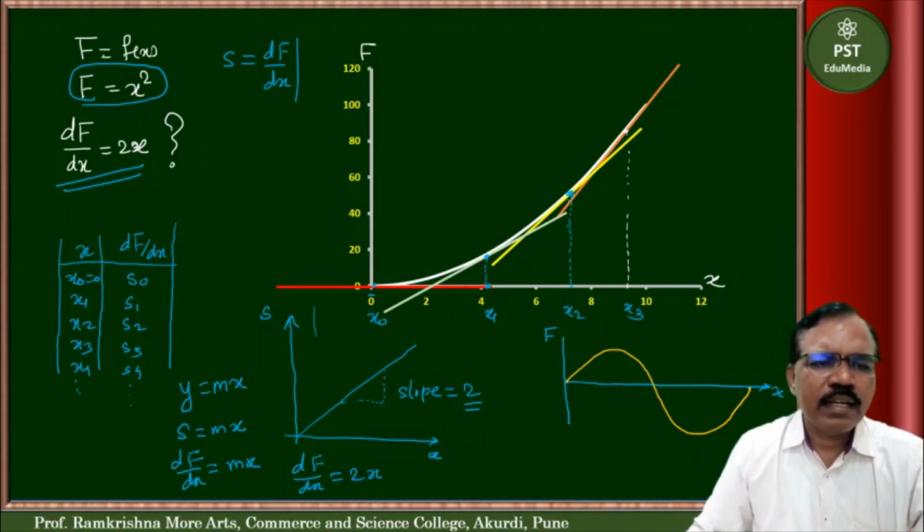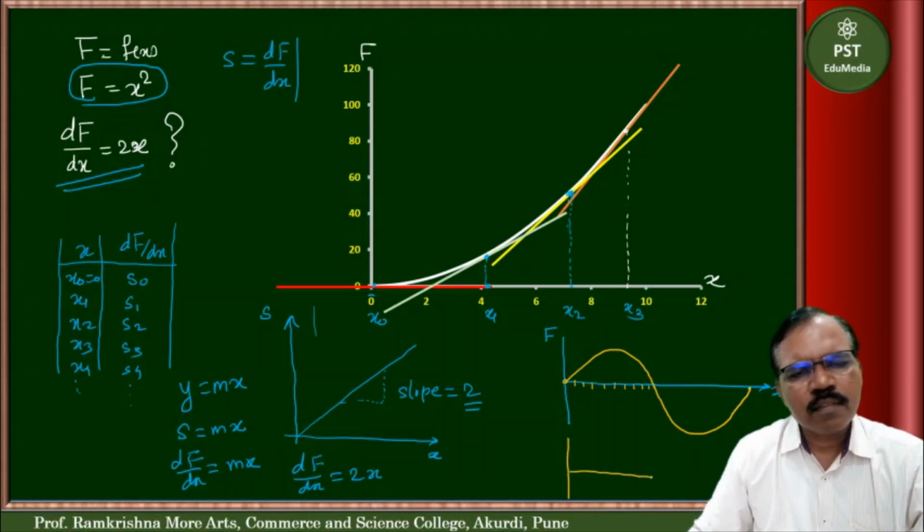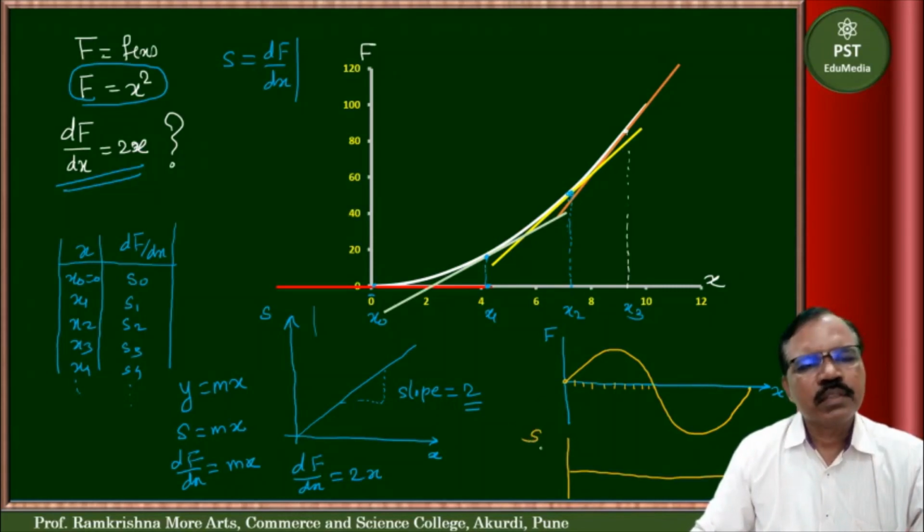Then we can take different values of x like this, and we will plot corresponding x versus slope. So here draw tangent, here draw tangent, here draw tangent, and so on.